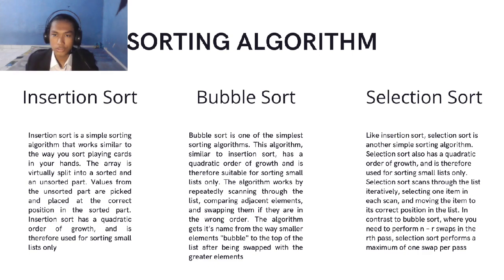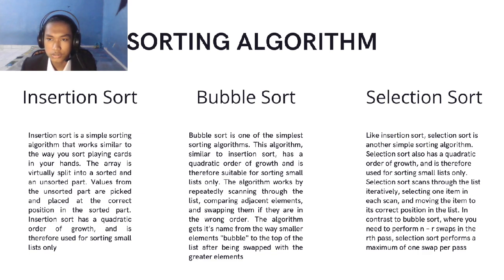And selection sort, like insertion sort, is another simple sorting algorithm. Selection sort also has quadratic order of growth and is therefore used for sorting small lists only.